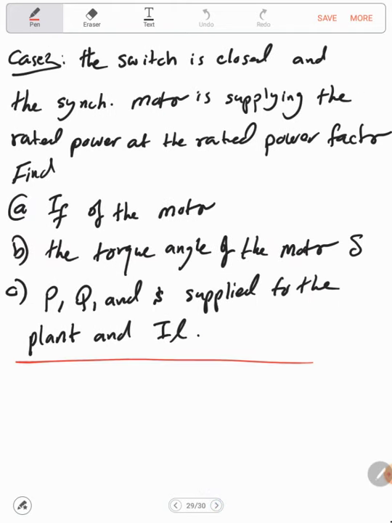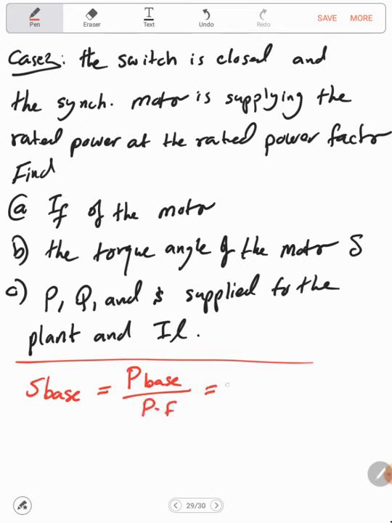So the first thing, we need to find the reactance and the resistance in ohm. To do so, we need to find the base. So S base equal to P base over the power factor.